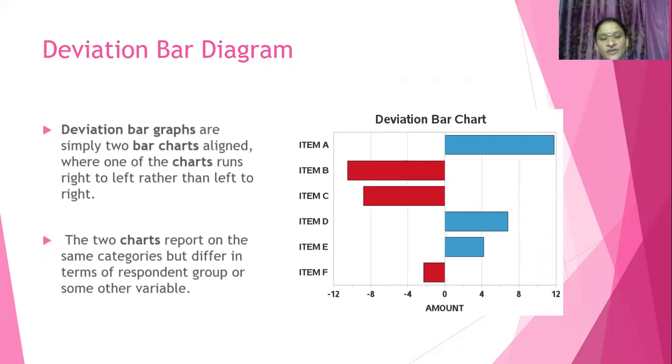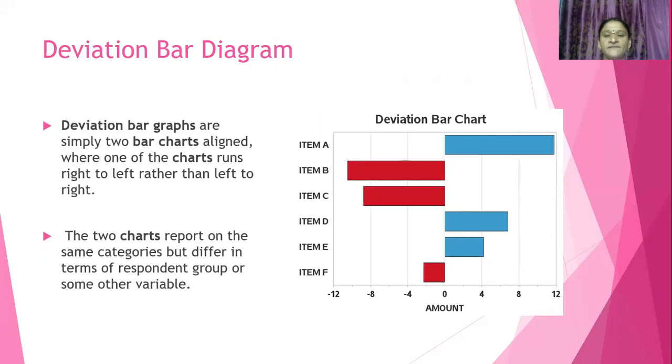So when you have to represent both positive and negative values in the same diagram, then we will go for deviation bar diagram. Some values run to the right, some values run to the left. The two charts report on the same categories, but different respondent groups of the same or other variable. So this is what a deviation bar diagram is.